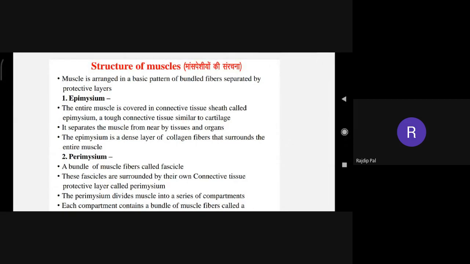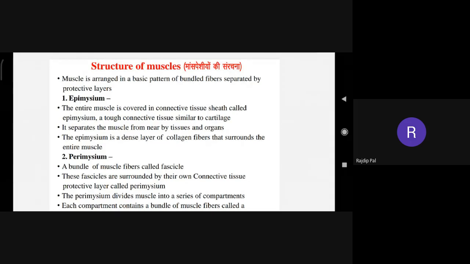Means a bundle, means a muscle, entire muscle is covered by a sheath of connective tissue called epimysium. Let's imagine a muscle bundle, and this bundle is covered by a sheath called epimysium.